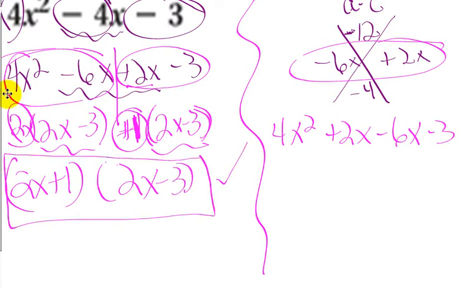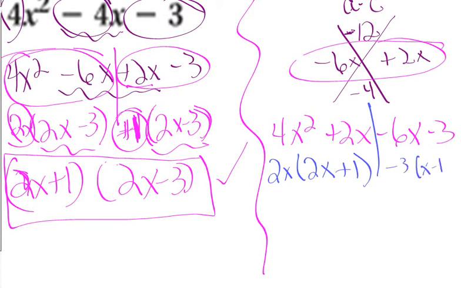Now, you wouldn't box that until you did your check, because you're not certain if that's our answer or not. Now let's work this other side. All right, now to factor out on this side, I'm going to factor out a 2x, and what's left is a 2x plus 1. And over on this side, I can factor out a negative 3, and that's going to be x plus 1, excuse me.